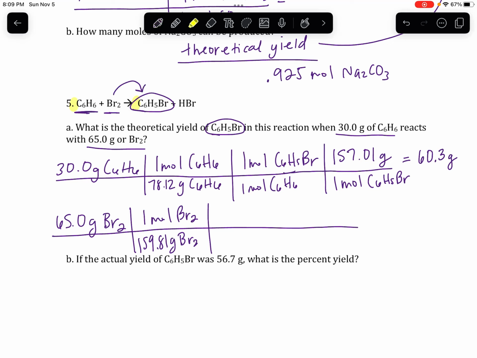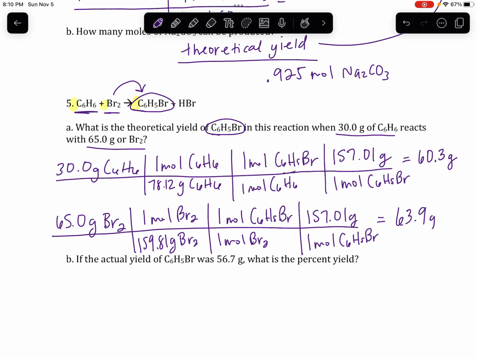I can use my ratio, which is a 1-to-1 again, to convert to what I want. And then again, my last step, because I'm looking for that theoretical yield in grams, I'm going to use my periodic table to convert to grams. And then when I multiply the top, divide by the bottom, I get 63.9.